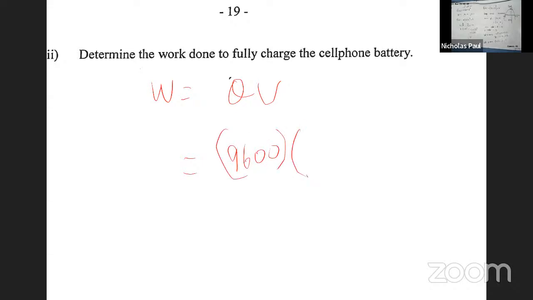And the V was what we just worked out, 5.5. Right? You could probably even use power divided by time. Plenty of options. Yeah, work done is in joules. Energy is in joules. How much did you get there? 52,800 joules. Lovely. Let's move on.